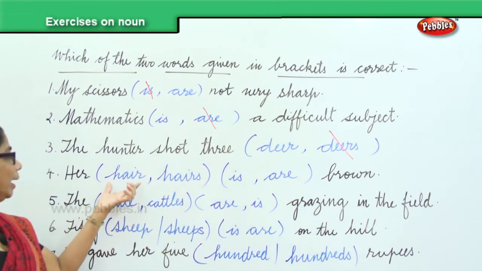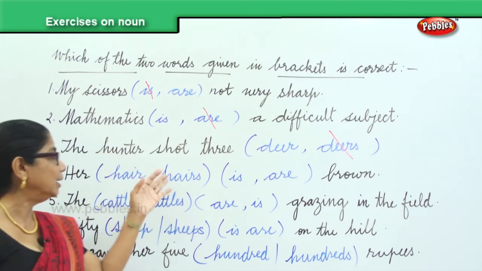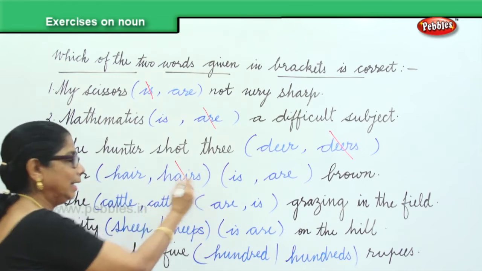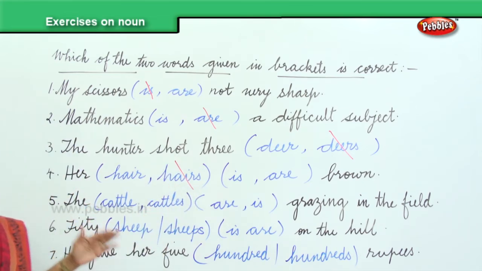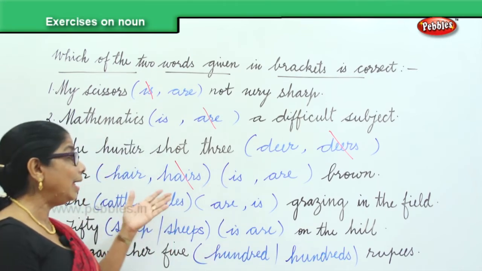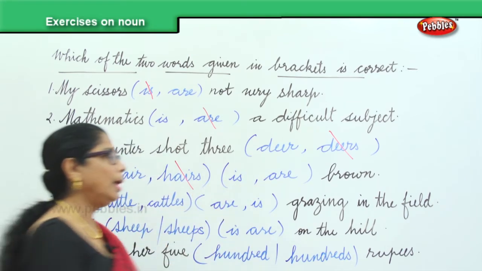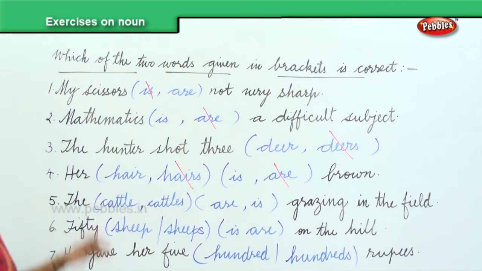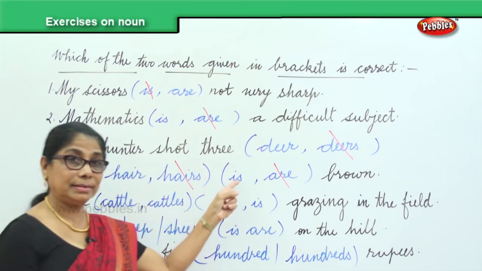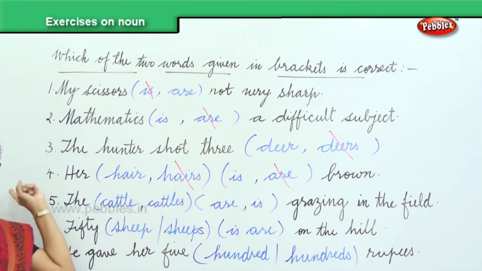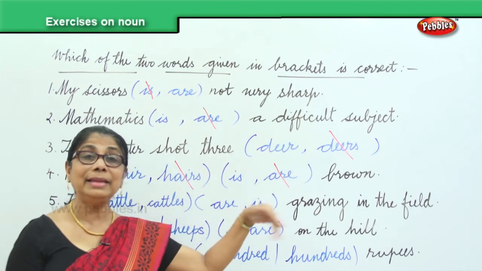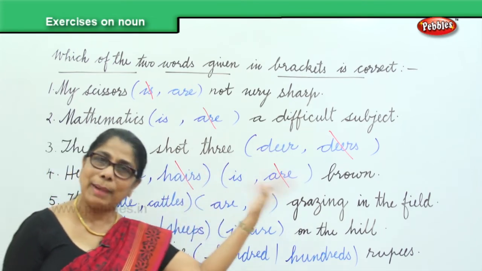When you talk about your hair, you cannot count your hair and you cannot say hairs. So you will say her hair. Her hair, you cannot say are, you will always say singular form. Her hair is brown, not are brown, but is brown. It's very tricky. Because it's one person, her hair is brown, or her hair is long, or her hair is black, whatever.